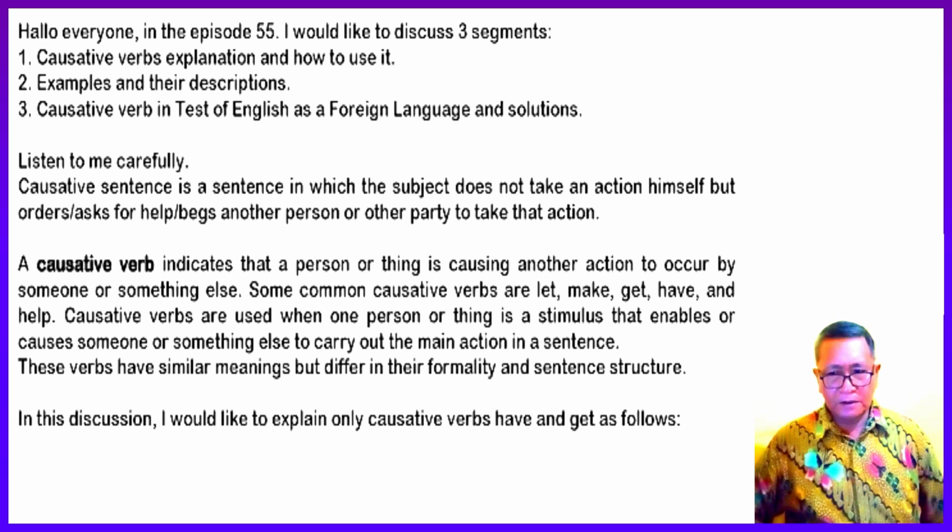A causative sentence is a sentence in which the subject does not take an action himself or herself, but asks or needs another person or other party to take an action. A causative verb indicates that a person or thing is causing another action to occur by someone or something else.